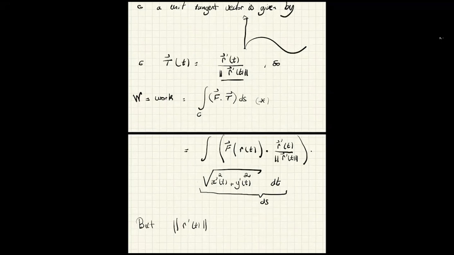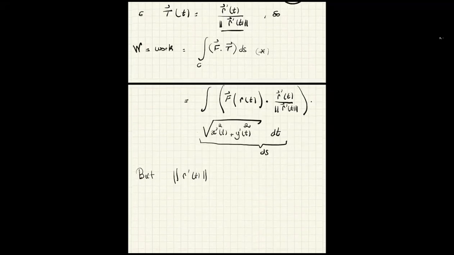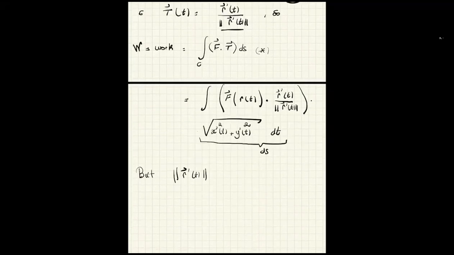Very important because these are not scalar functions. So the norm of this vector here is this, right?